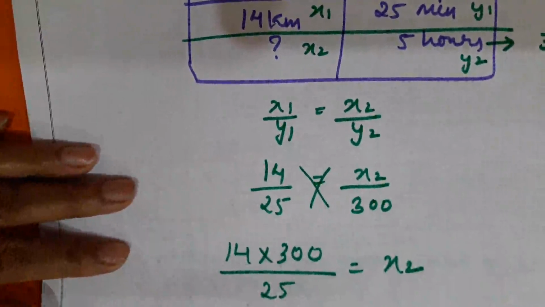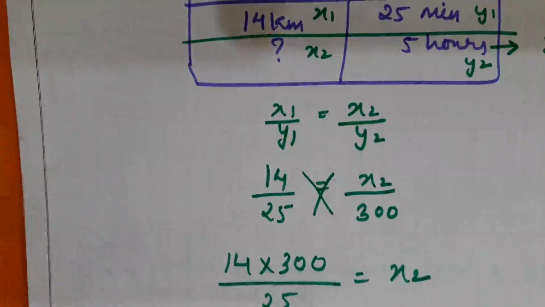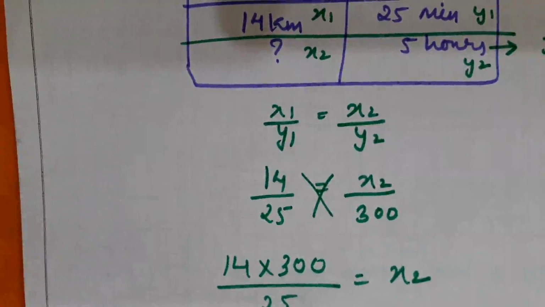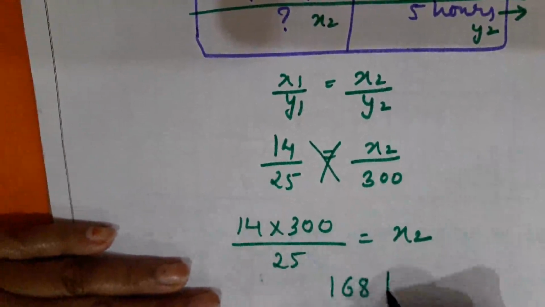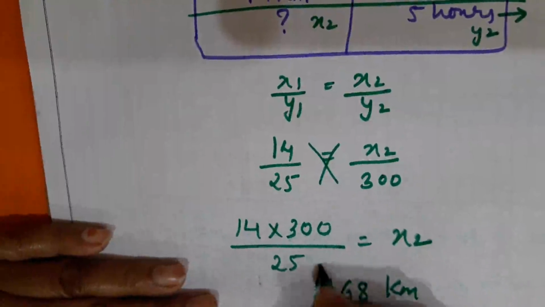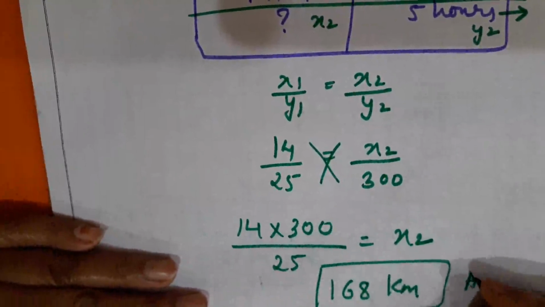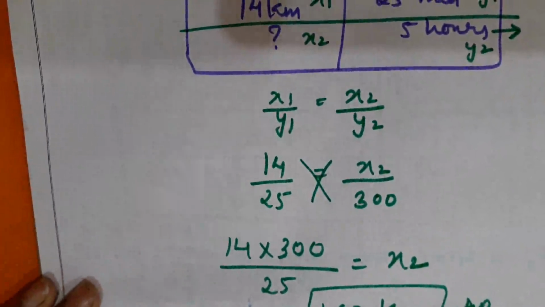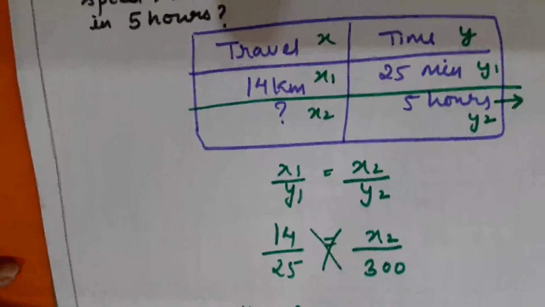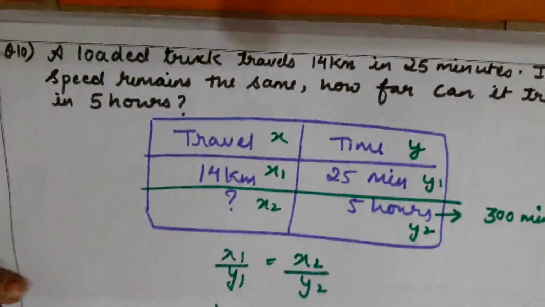So after solving this, you will get 168 kilometers. I'm not solving it fully because you can do the calculation; I'm just giving you a hint on how to do these types of questions. So with this, 13.1 is finished.